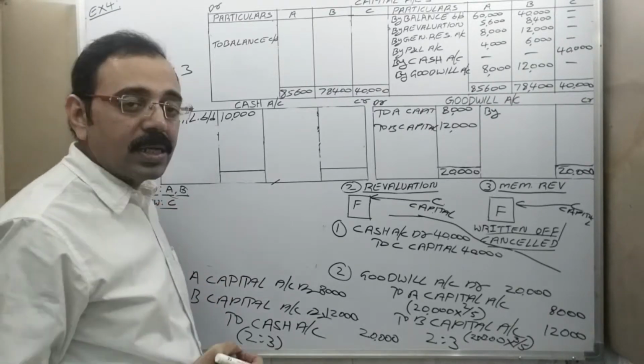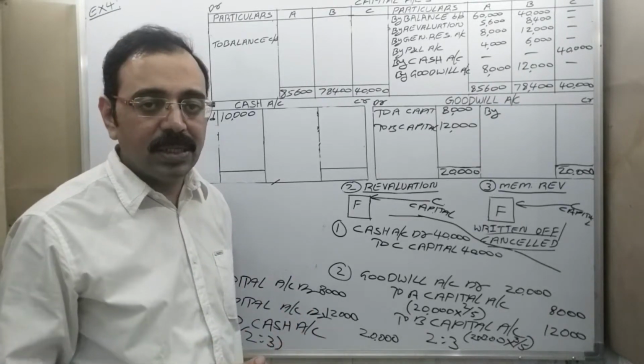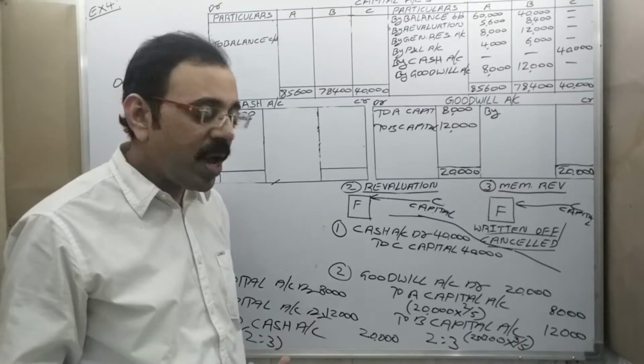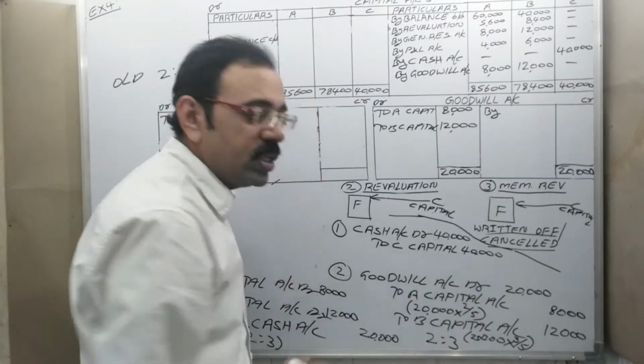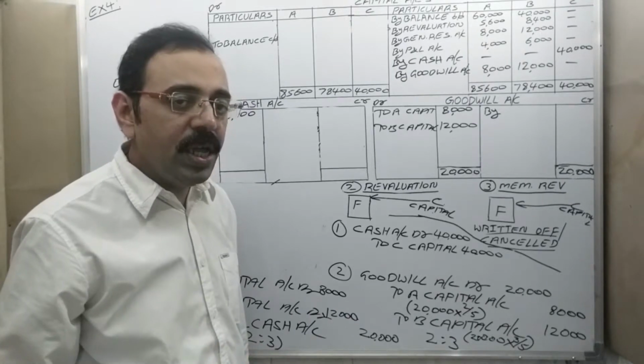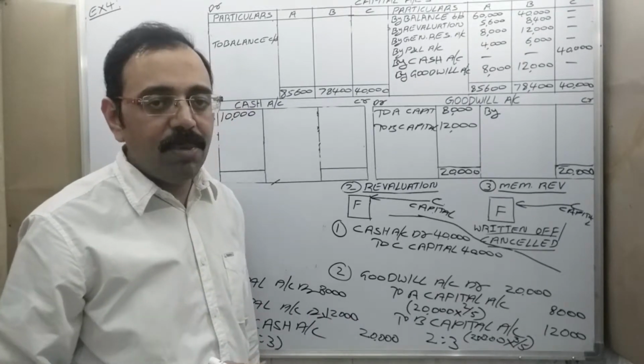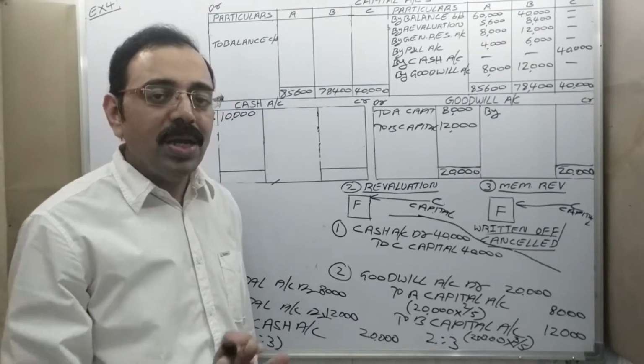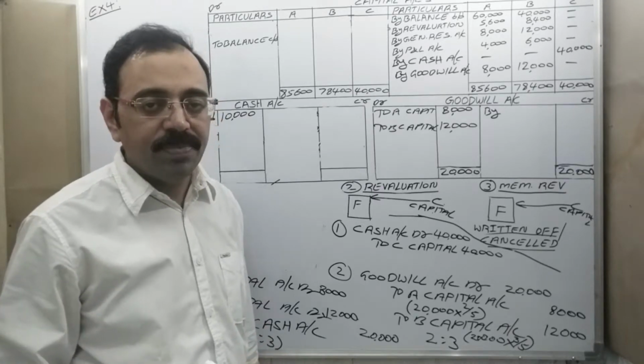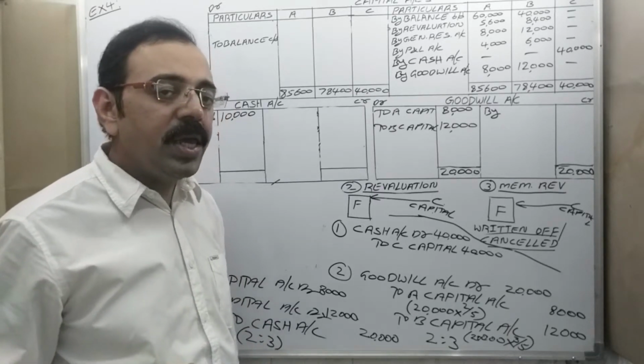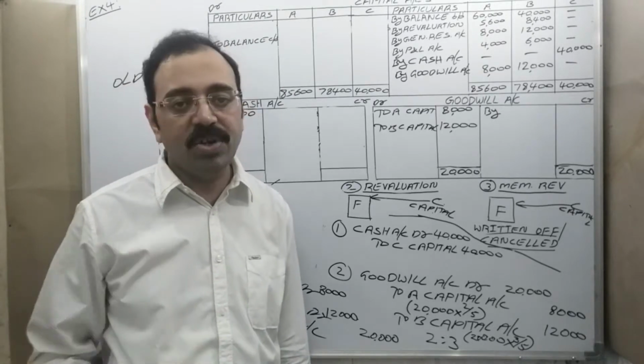Then these old partners created goodwill in the business. How much is the goodwill value? 20,000. This 20,000 is total goodwill. Remember this. It is not the new partner's share of goodwill. In premium method, he gives the new partner's share of goodwill in the question.